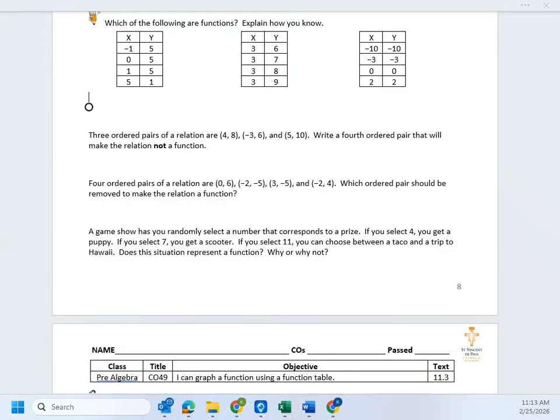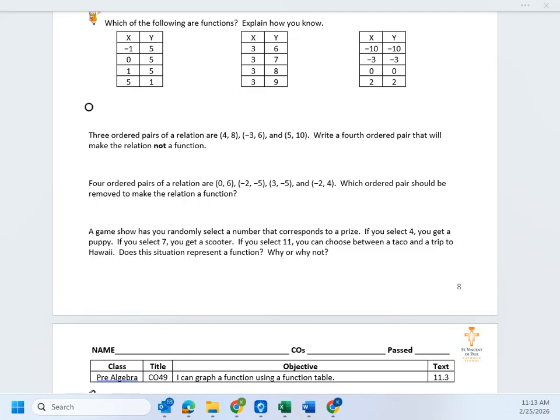Yes, a function, no, not a function. You have to put the why. Then down here, you have to think it through. If 3 ordered pairs of a relation are 4, 8, negative 3, 6, and 5, 10, write a 4th ordered pair that would make the relation not a function. So there's various answers. Put one that would turn it into not a function.